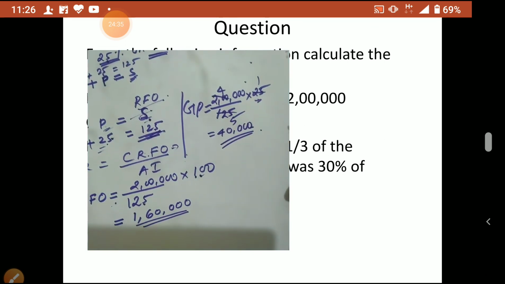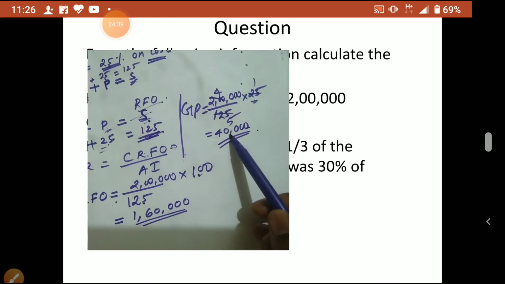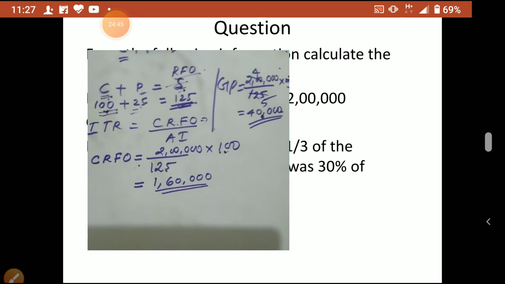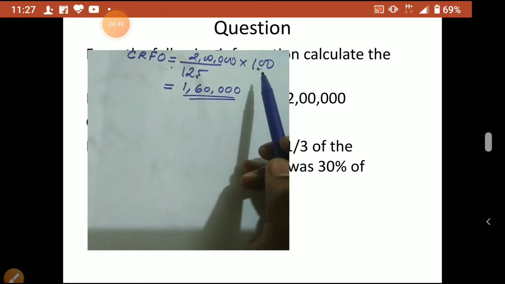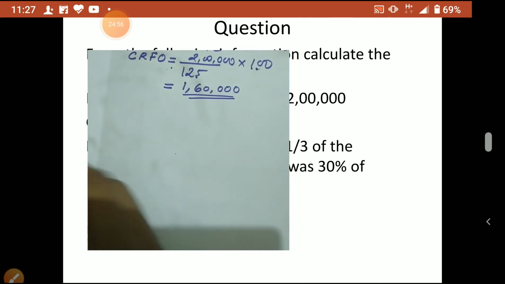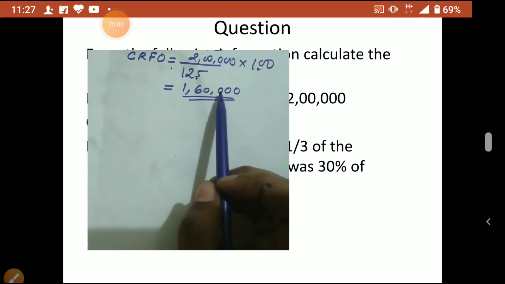Then you can also subtract: sales minus gross profit, RFO minus gross profit, is equal to cost of revenue from operation. That equation also you can apply, or you can apply the direct equation. So CRFO we get 1,60,000.